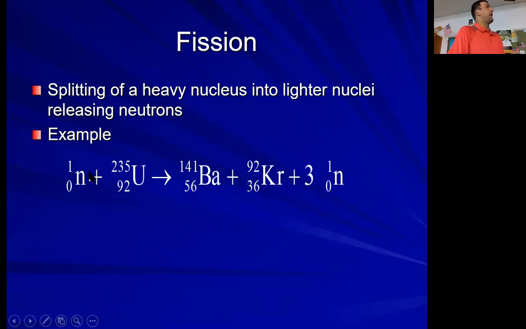Here's an example. Notice neutrons occur a lot in this. This is where people get a little confused with this. What is the mass number of my reactants? 236.